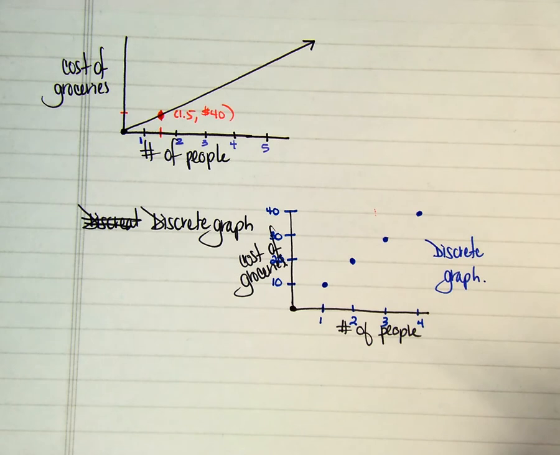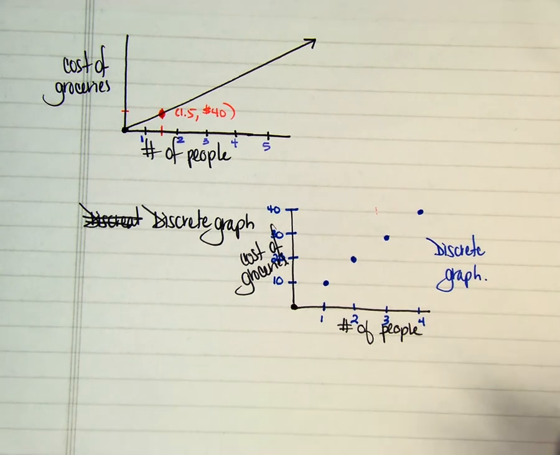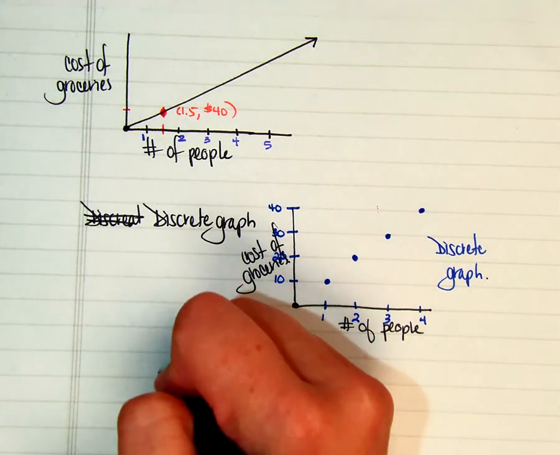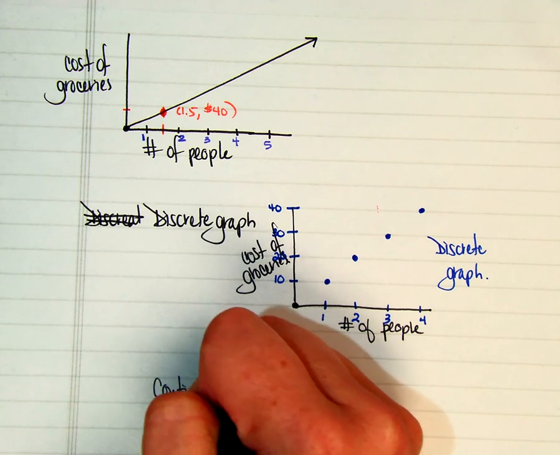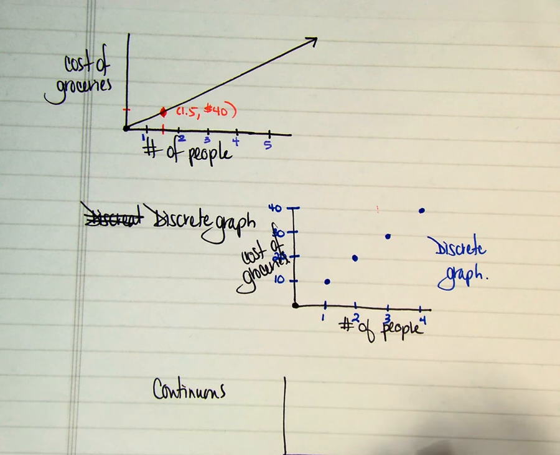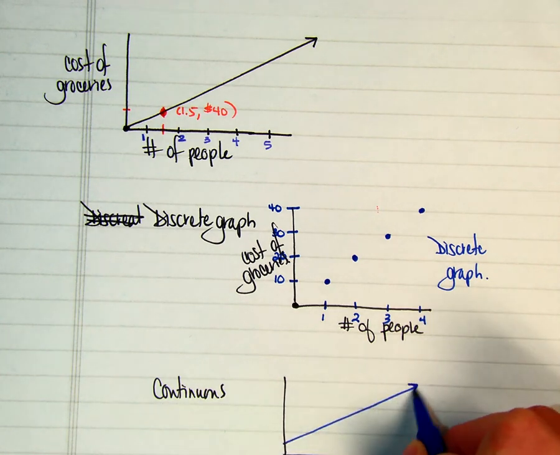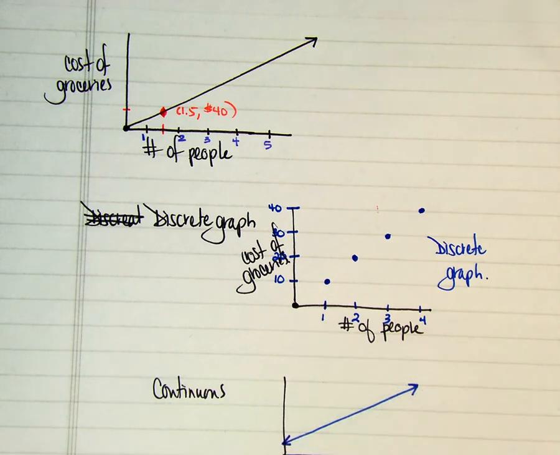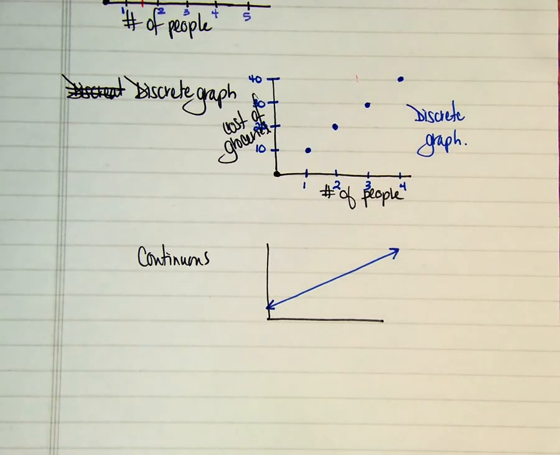That's just like when you go to the grocery store, you can't buy 1.5 packages of cookies. You have to have either one package of cookies or 2 packages of cookies. So again, depending on the situation. When you have a line that is connected, like you've seen in some of the other graphs that we have done, this would be called a continuous graph.